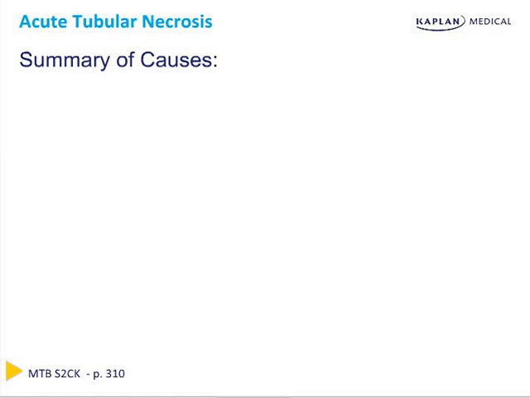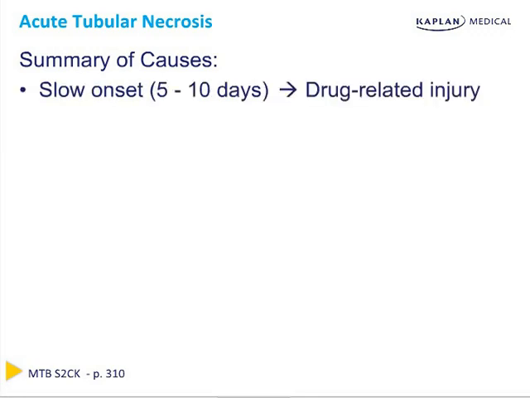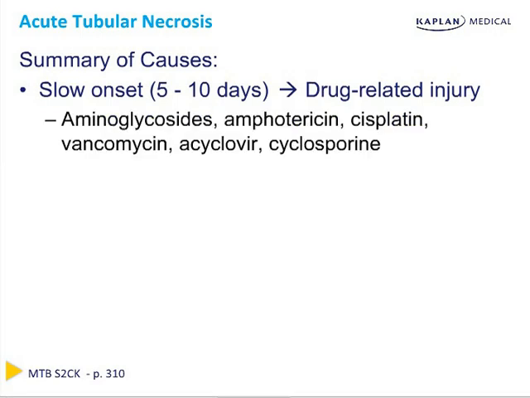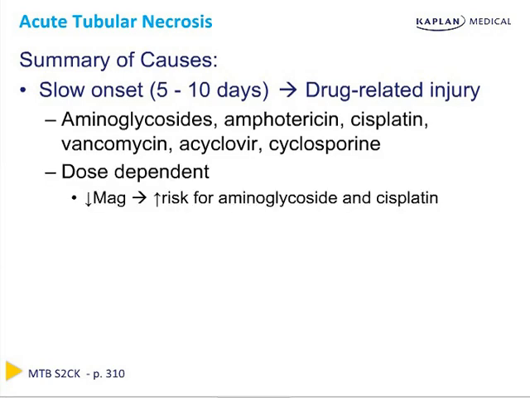Before we move on, let's review some key differences you may see in a clinical vignette to help you distinguish between causes of ATN. So remember, drug-induced toxicity usually takes 5 to 10 days of exposure. And the drugs you'll want to remember that can cause ATN are aminoglycosides, amphotericin, cisplatin, vancomycin, acyclovir, and cyclosporine.